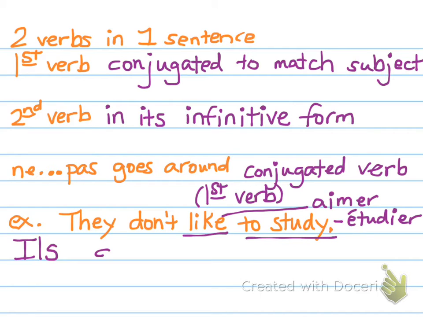So aim, and I add my ent, and I need to make this negative, so I'm going to put my n apostrophe in front and my pas right after it. And then to study is étudier. So we have ils n'aiment pas étudier.